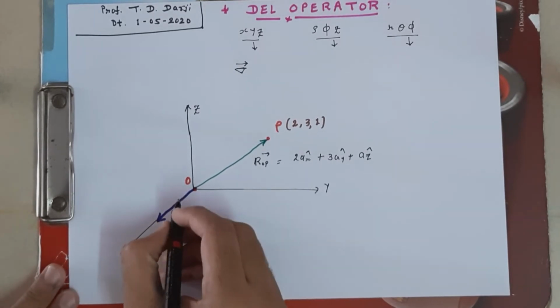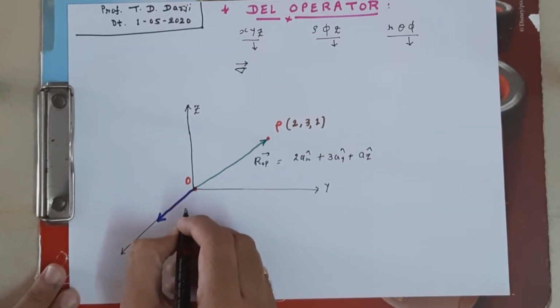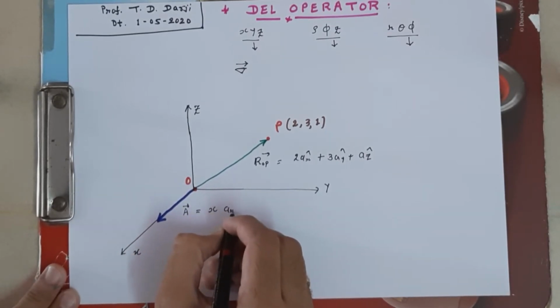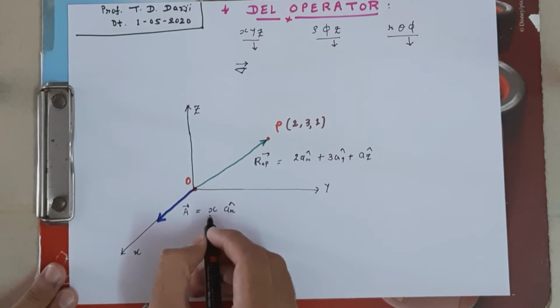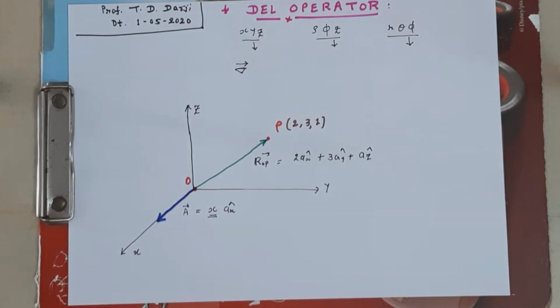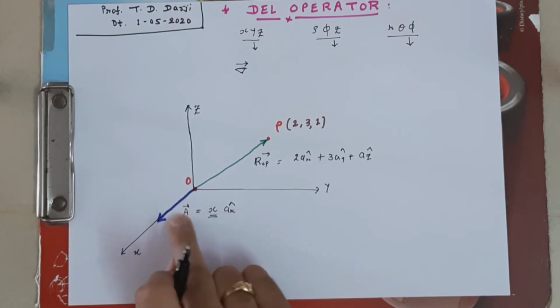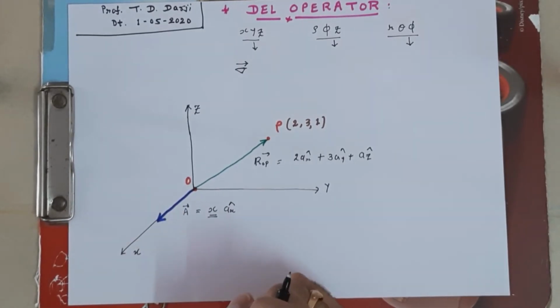So suppose this vector is a, so a equals x ax. Here x is a variable. Now I want to find out by how much this vector changes in the x direction. I repeat, by how much does this vector change in the x direction.